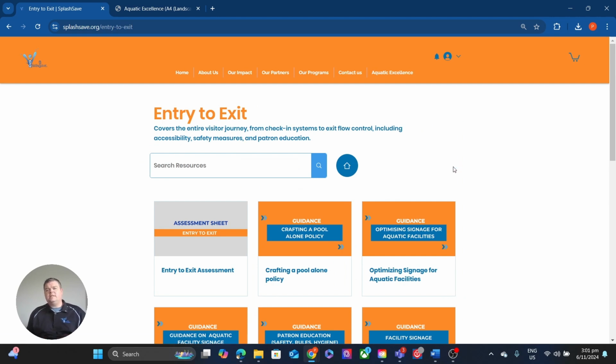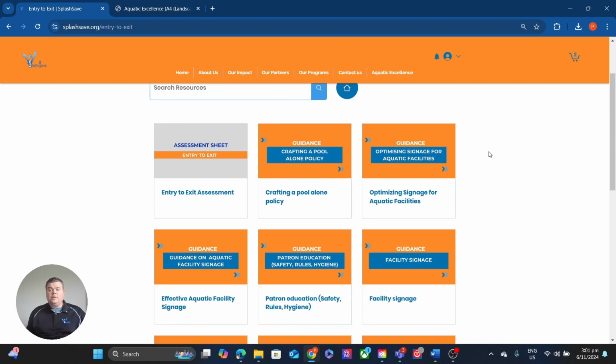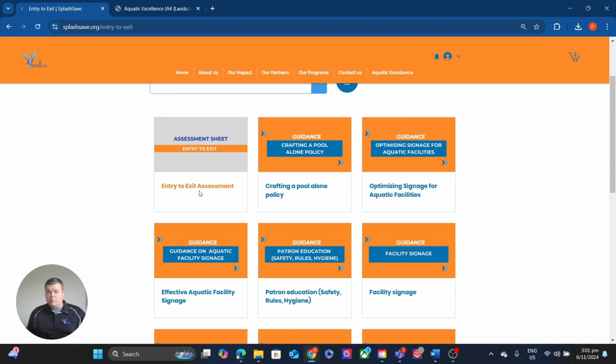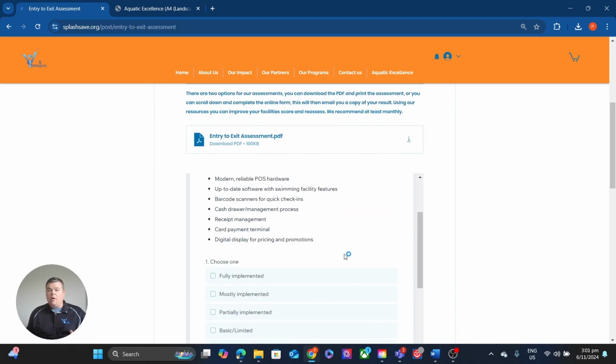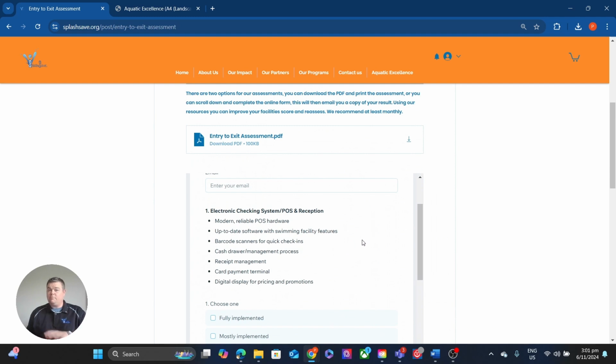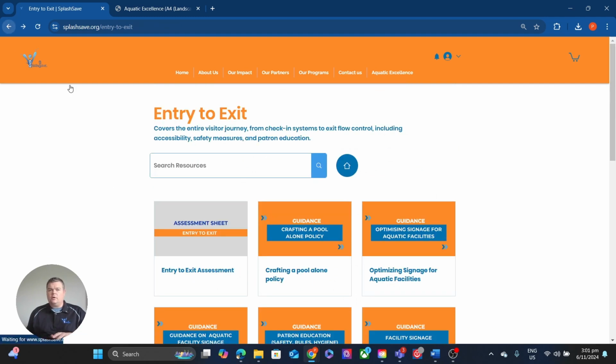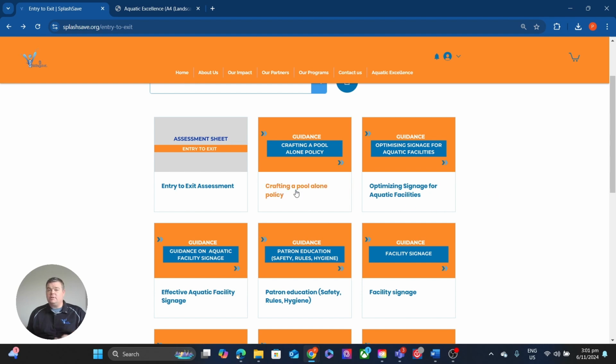So if you've identified the entry to exit and the customer journey as a potential area for improvement, what you can see in here is, on top of the assessments, which will allow you to go in and do a deep dive on all of the different areas of the entry to exit processes, it also gives you a whole bunch, again, of guidance.